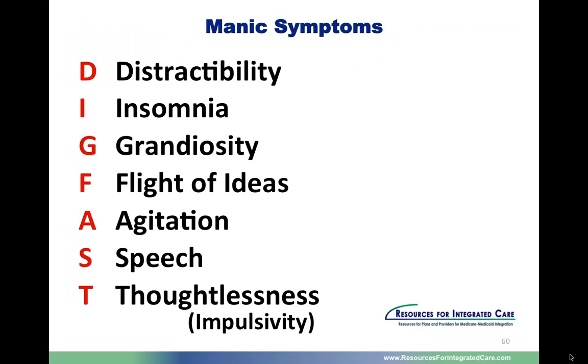And this last T, the T is for thoughtlessness. It's really impulsivity. So they don't think before they do something because, remember, they're just not able to stop and process information because everything's coming into their brain so very quickly. So they do things that are very dangerous.